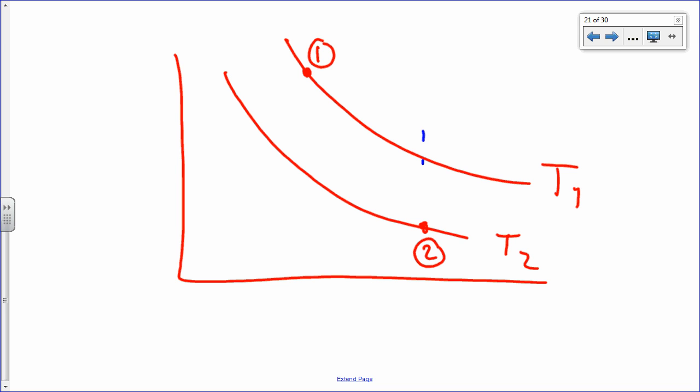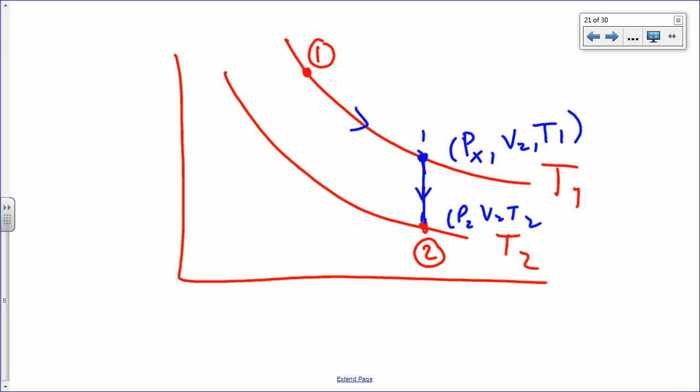So I want my intermediate point there, isothermally. This is going to be V2 T1, at some intermediate pressure. Let's call that Px V2 T1. And then I drop my pressure and my temperature down to T2. So this is going to be my final pressure, P2 V2 T2.